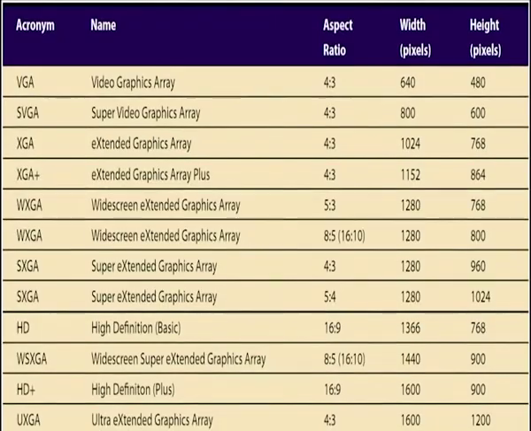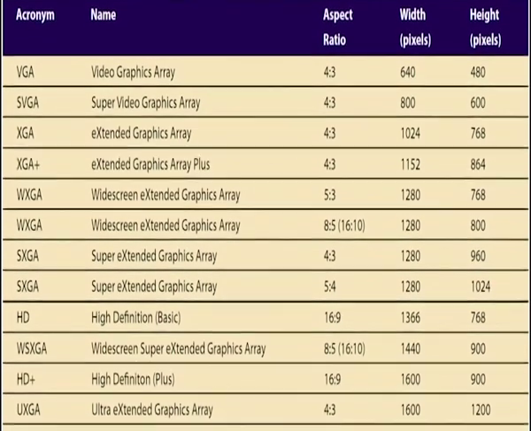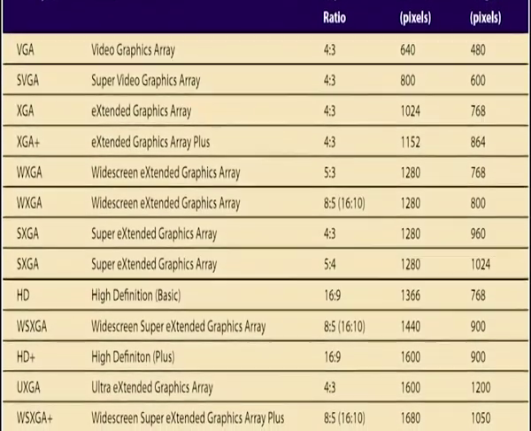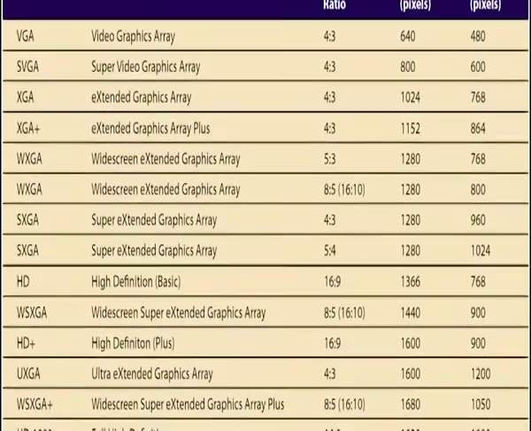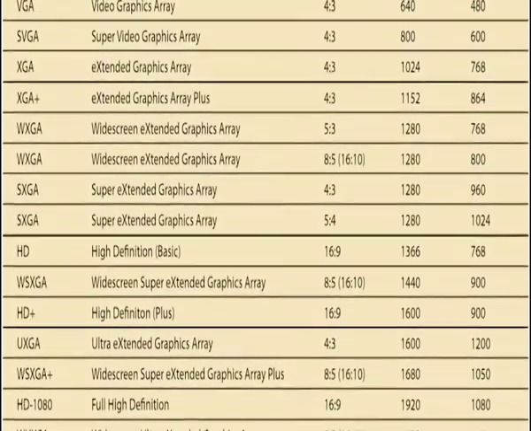Most computers today provide video outputs to CRTs, LCDs or plasma monitors at greater than 1024x768 resolution. The table here describes the various aspect ratios and width by height in pixels used by computer displays since IBM's VGA standard was adopted in 1987.